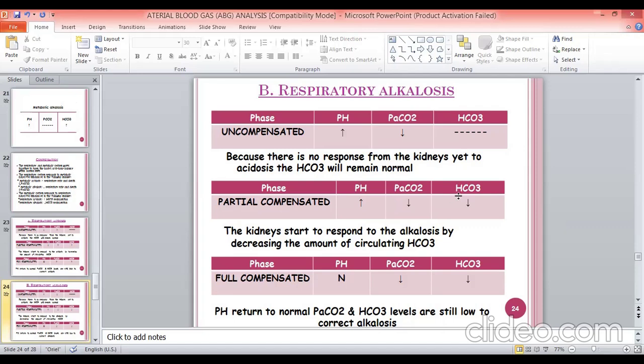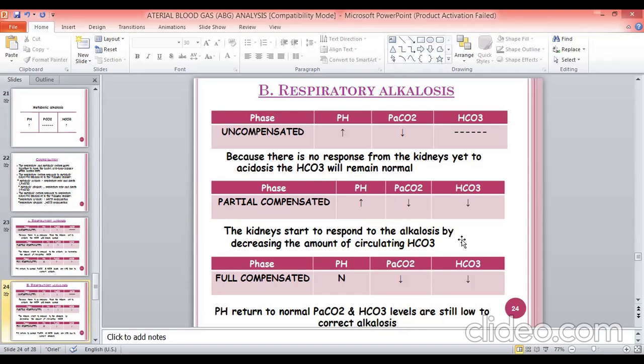The kidney starts to respond to the alkalosis by decreasing the amount of circulating bicarbonate, because bicarbonate is already there.